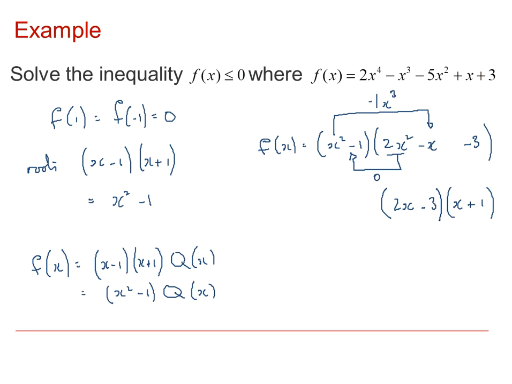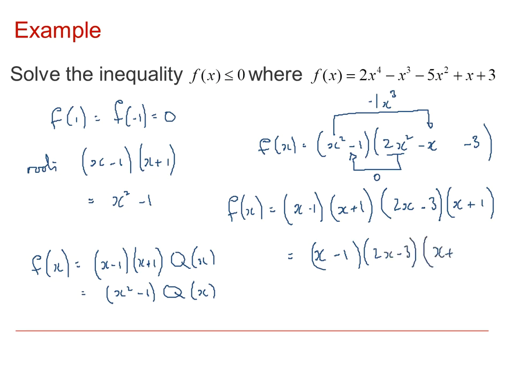So in total, f of x is equal to x minus 1, x plus 1 from our factor theorem work, and then 2x minus 3 and x plus 1 from the other quadratic. So that we've got x minus 1, 2x minus 3 and x plus 1 all squared.